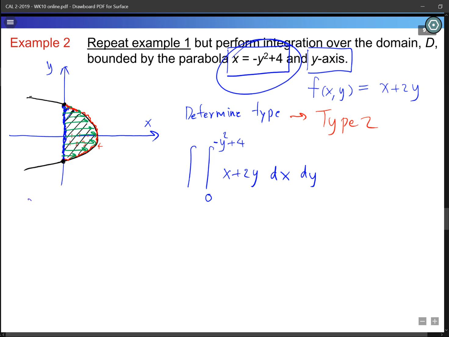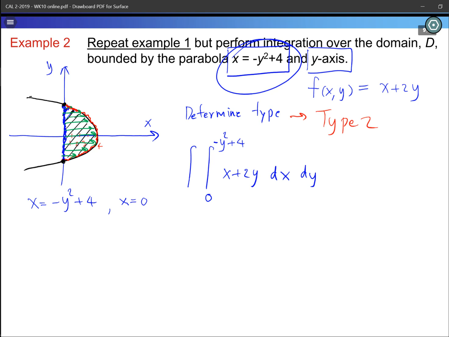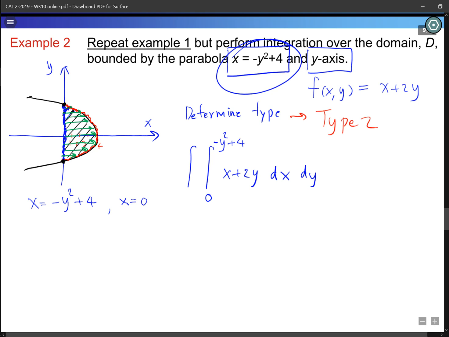So we have x equal to minus y squared plus 4, and we also have x equal to 0. We want to solve these two equations at the same time. So let's substitute x equal to 0 to here. So we have 0 equal to minus y squared plus 4.